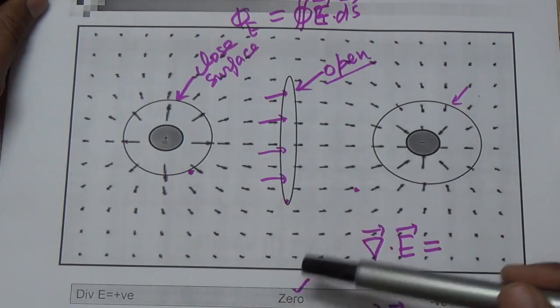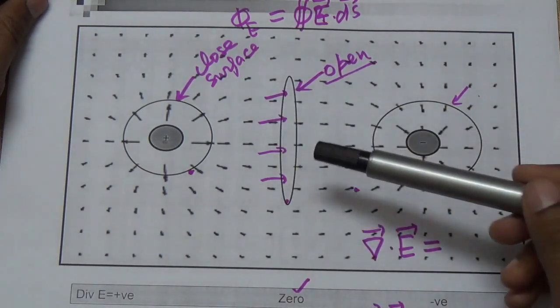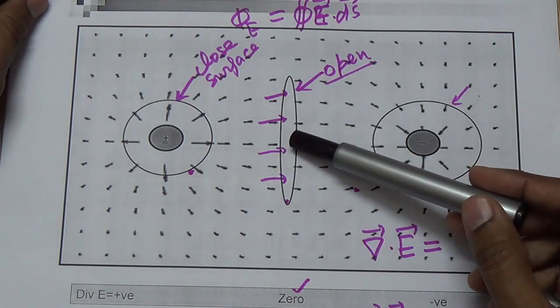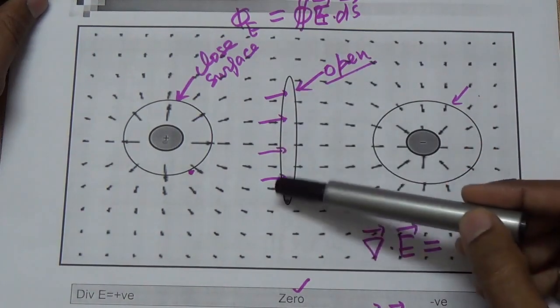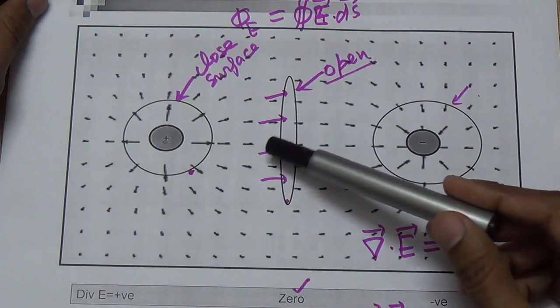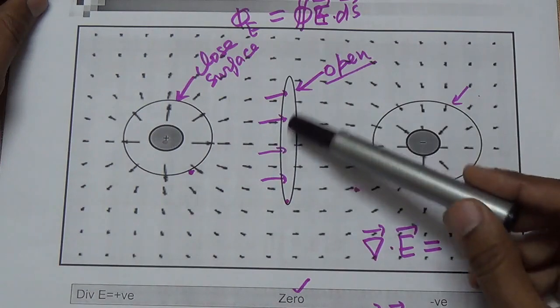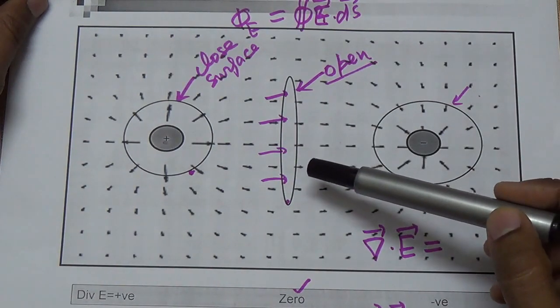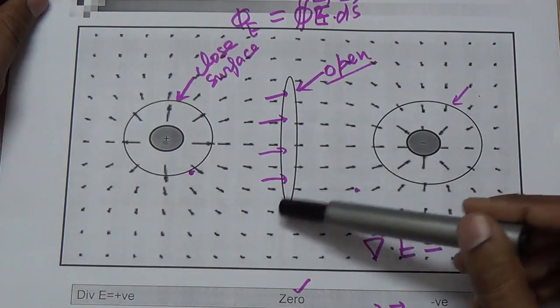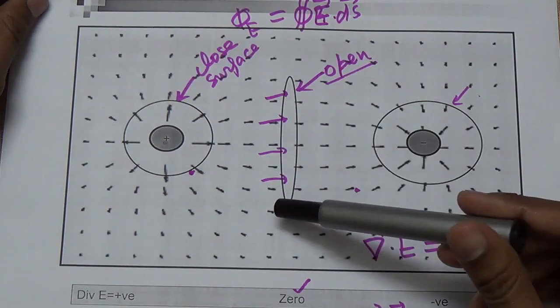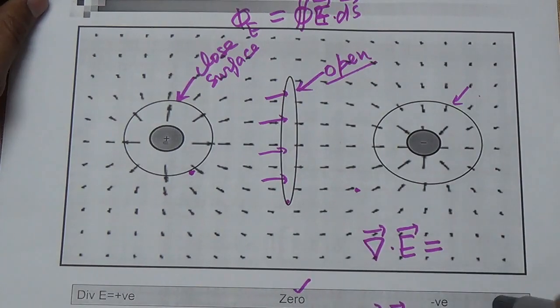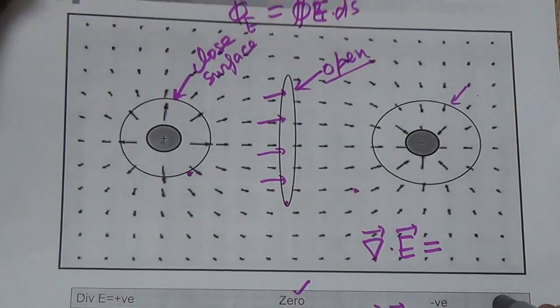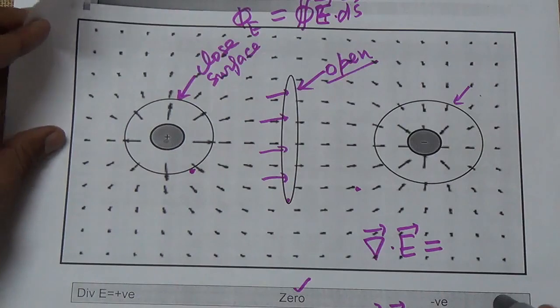When it is 0, it means the electric flux entering through this open surface is the same amount that comes out from the other faces, so the total electric flux is 0. So this was the physical interpretation, the physical picture of the divergence.